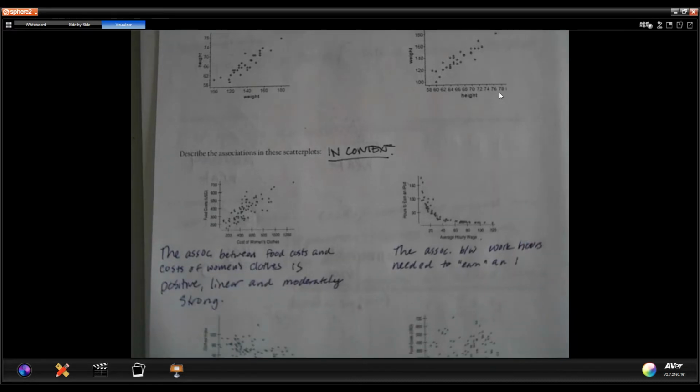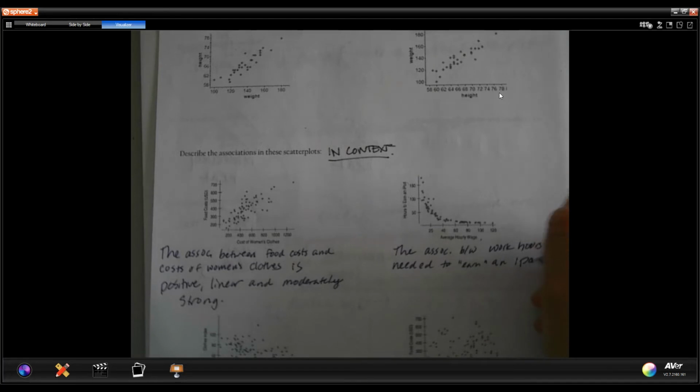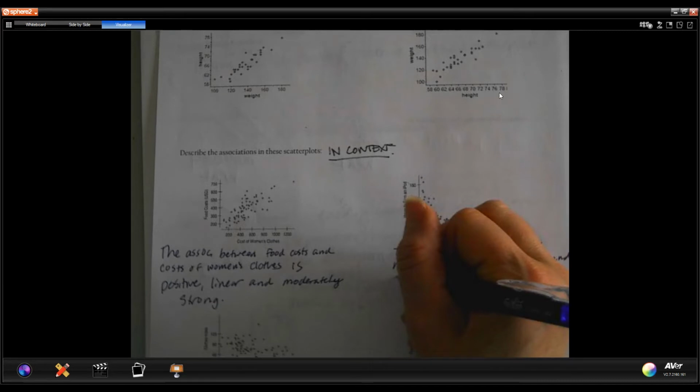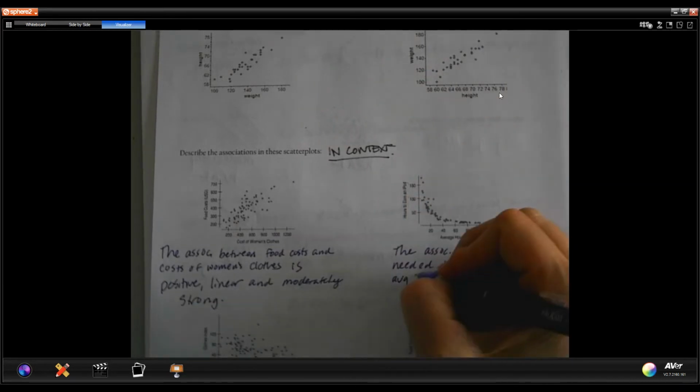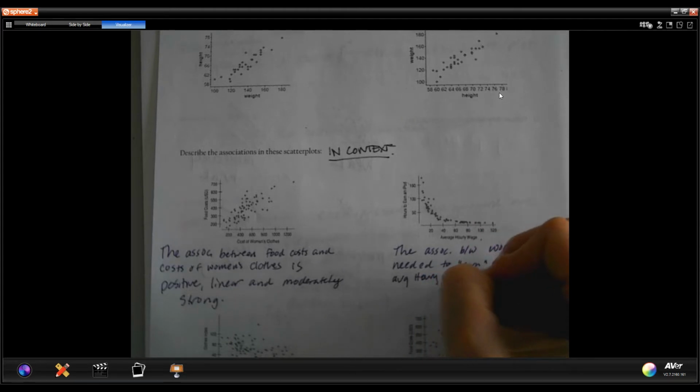It's an iPad. I can't read. They even have iPods anymore. And average hourly wages is, okay, so that's just that beginning part.